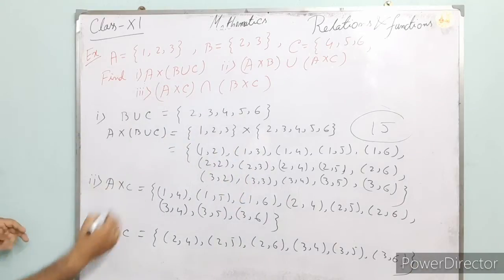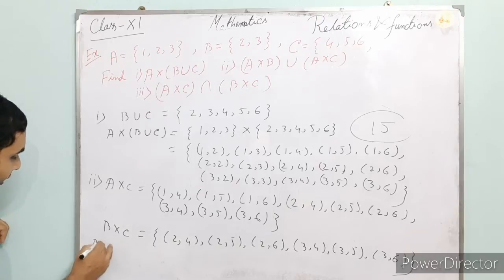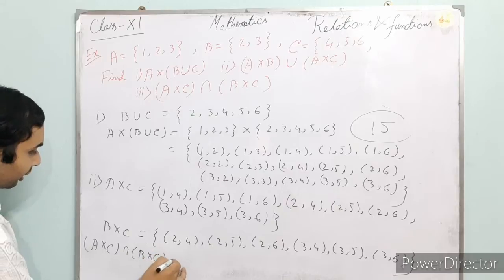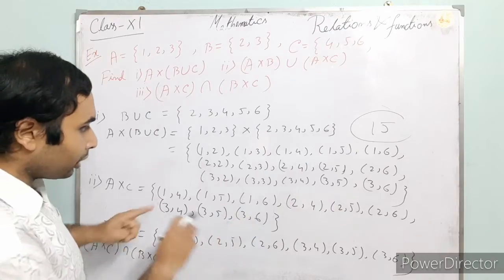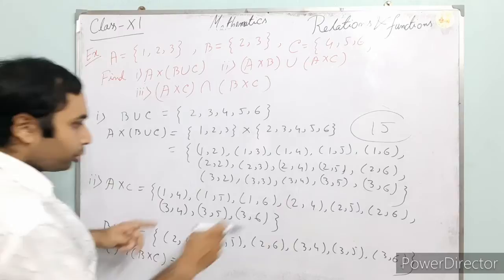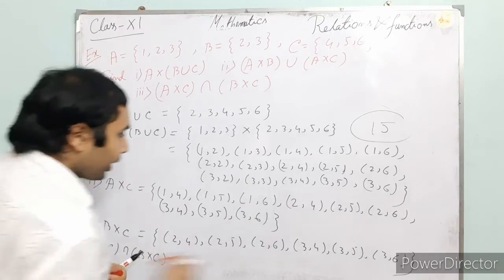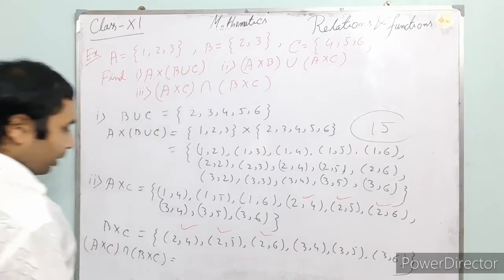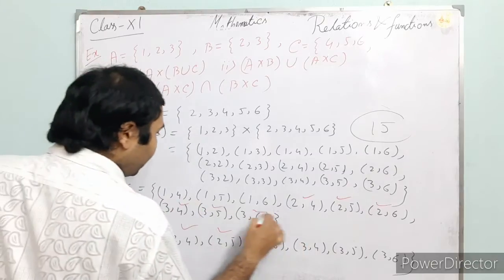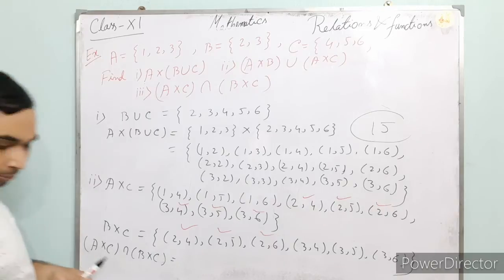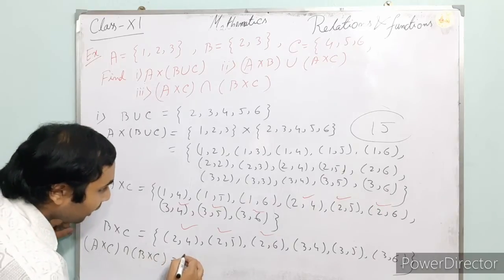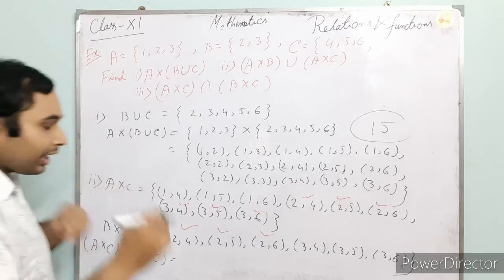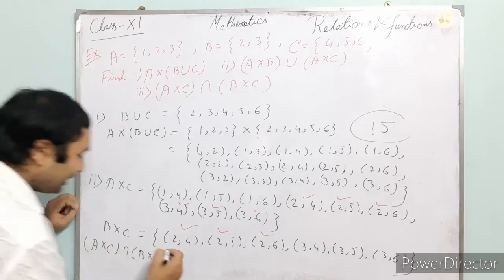Now if I do the meet here, that is the intersection, A cross C intersection B cross C. What are the elements? (1, 4) is not there, none with 1 are there. (2, 4) is here, (2, 5) is here, (2, 6) is there. So only those, except for the one part, we have to take the other things. A very important thing has come.